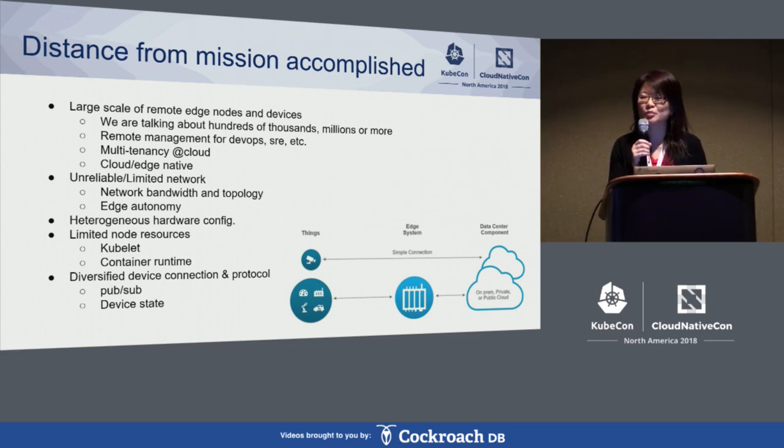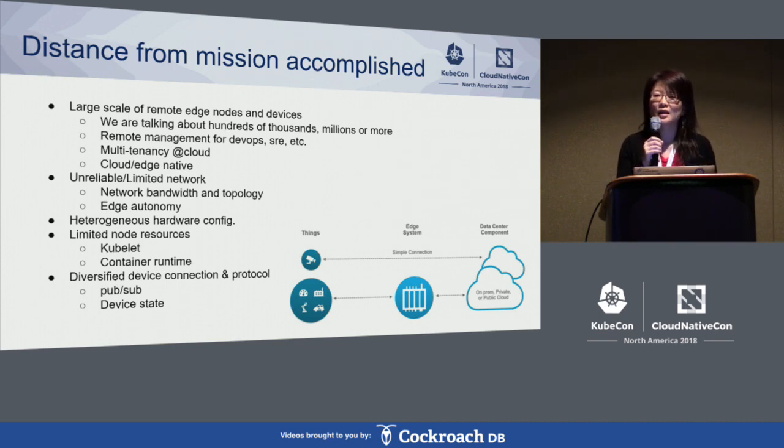But from an edge computing perspective, I'm listing a few challenges or issues here. Think about the data center: you probably have tens of thousands of servers in a dedicated data center, a single location, or maybe across zones.